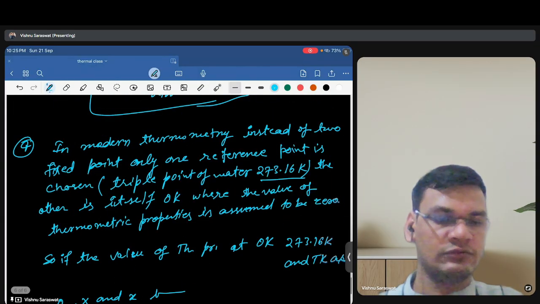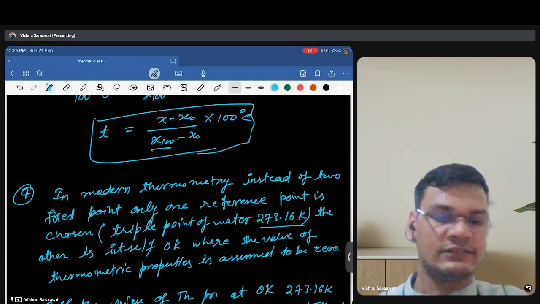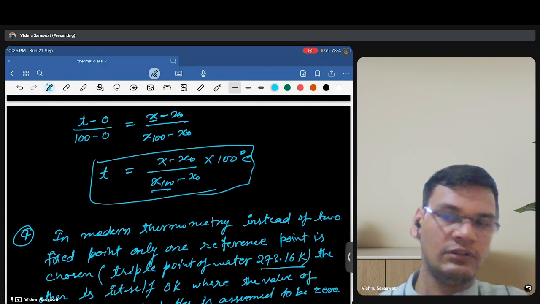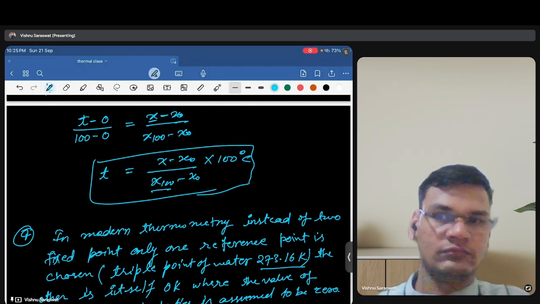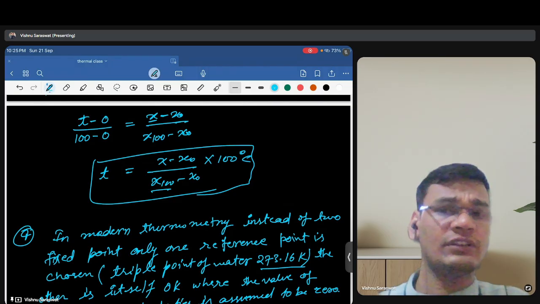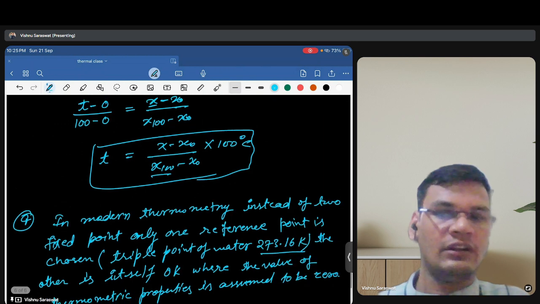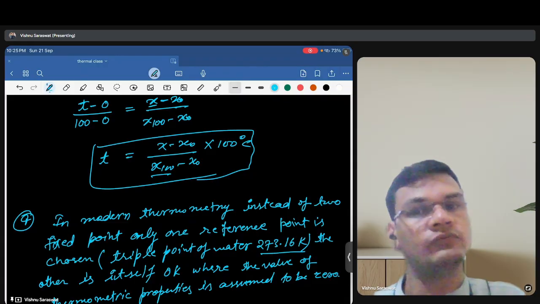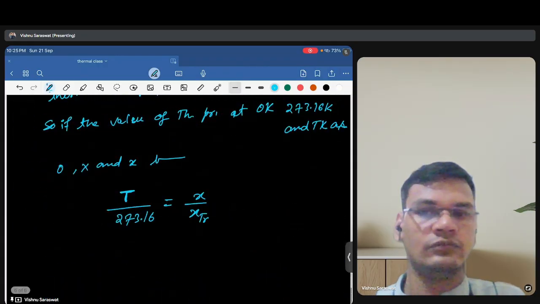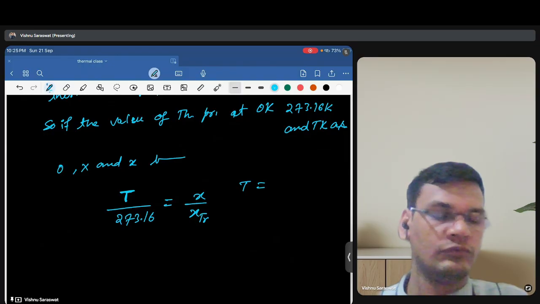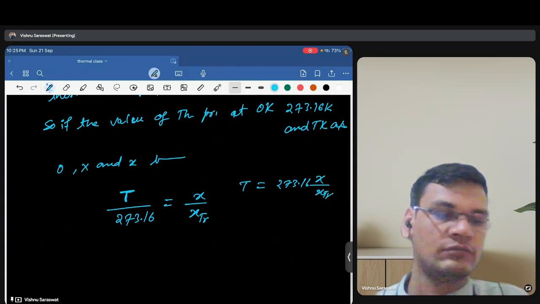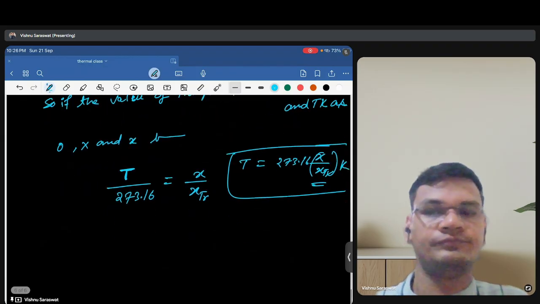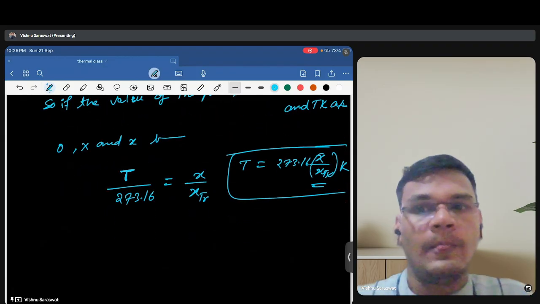The 100 is replaced by the triple point of water, 273.16, so the formula becomes T equals 273.16 times x upon xtr in Kelvin. You need to remember this formula in modern thermometry.